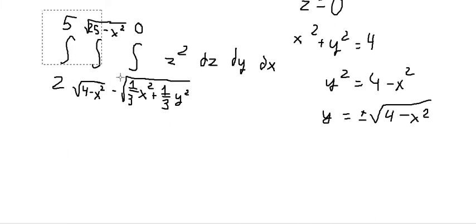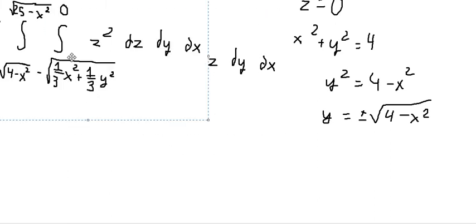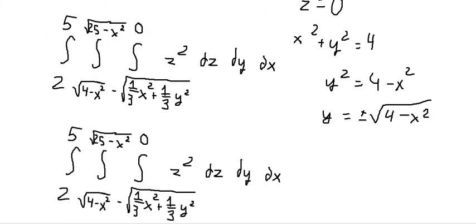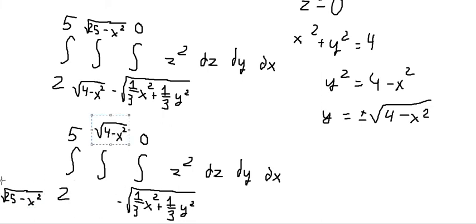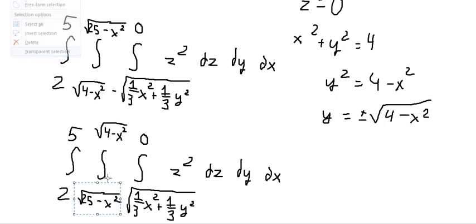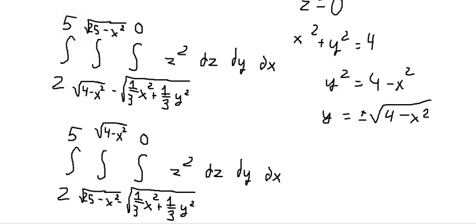We keep this one, but we put the negative in here. Because this one is smaller than this one, and negative 5 is smaller than negative 2.